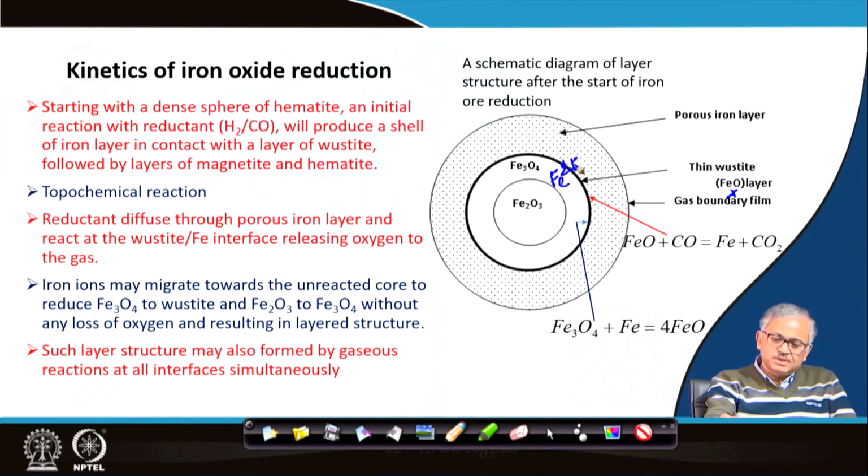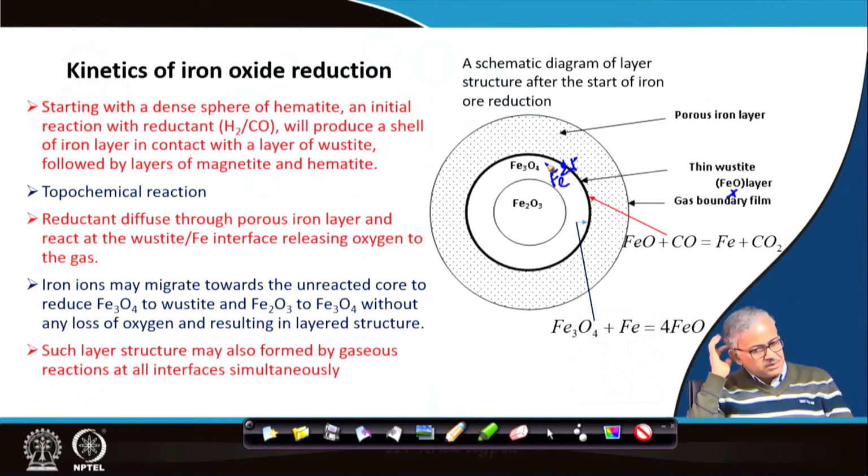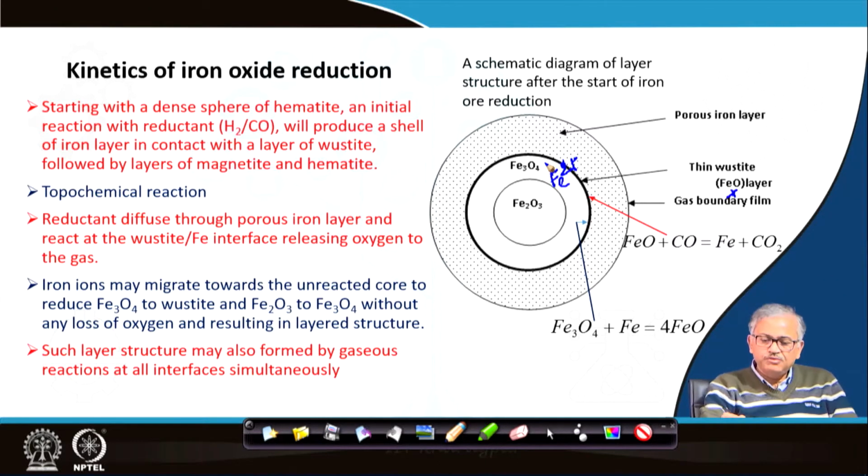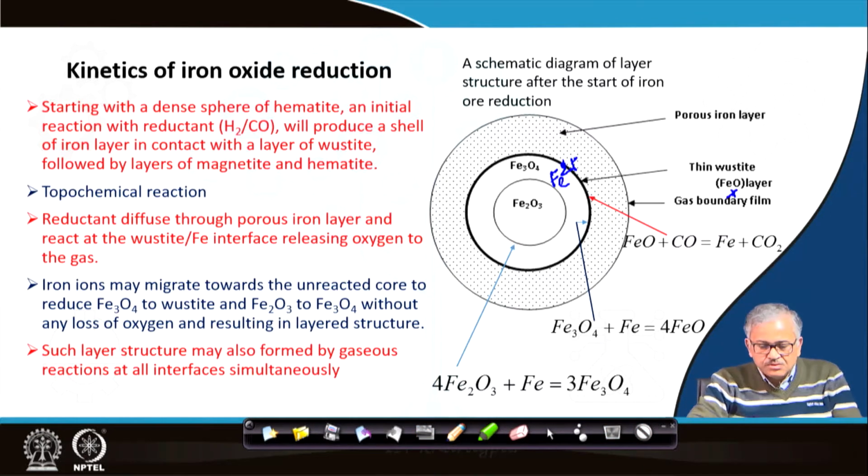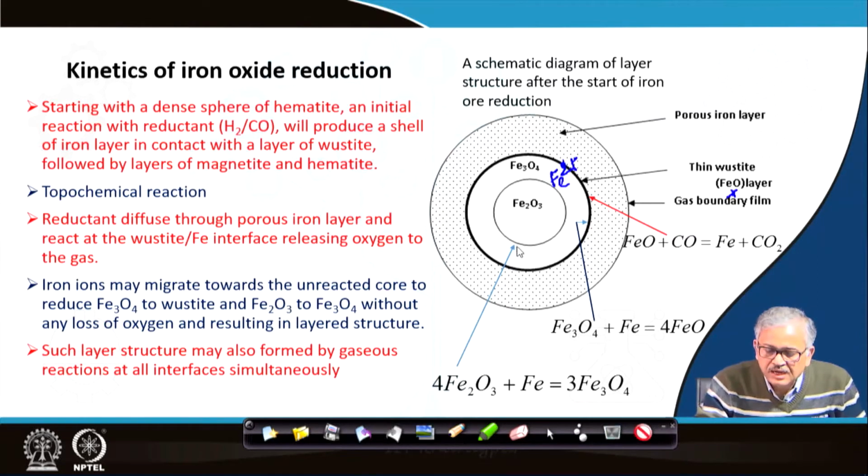So if Fe2+ permeates through this layer, this reaction can take place at the Fe3O4-FeO interface. At the next interface, this is Fe2O3 and the iron has diffused from here in the form of iron ions, and it can react with the Fe2O3, forming Fe3O4.